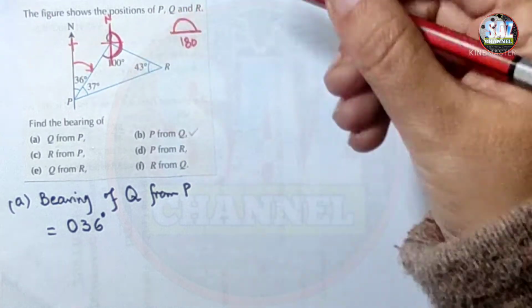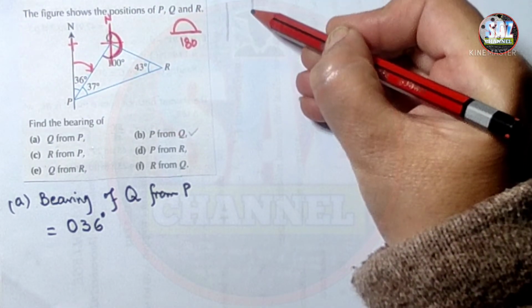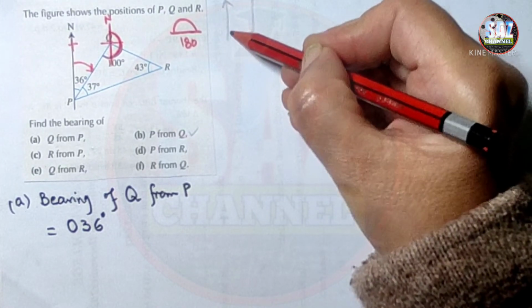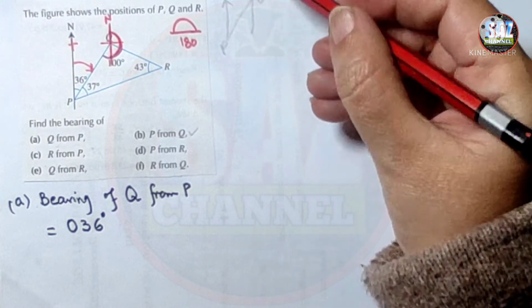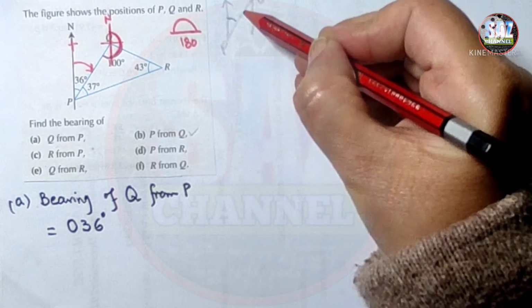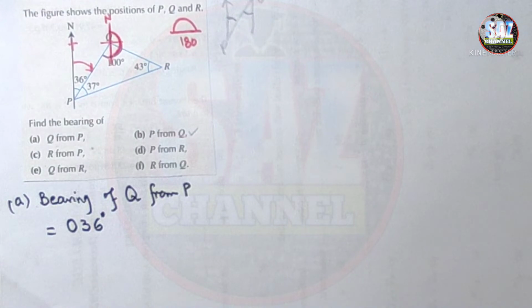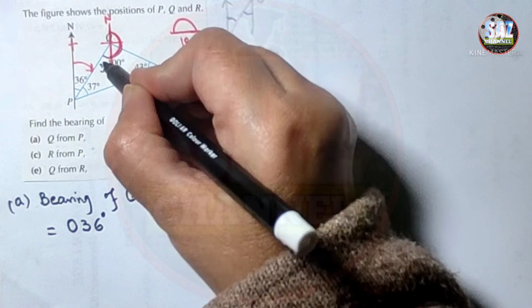So these two norths are parallel to each other. This line P to Q is becoming a transversal. So whatever angle will be over here, the same angle will be over here due to alternate angles. So this will be a 36 degrees angle.